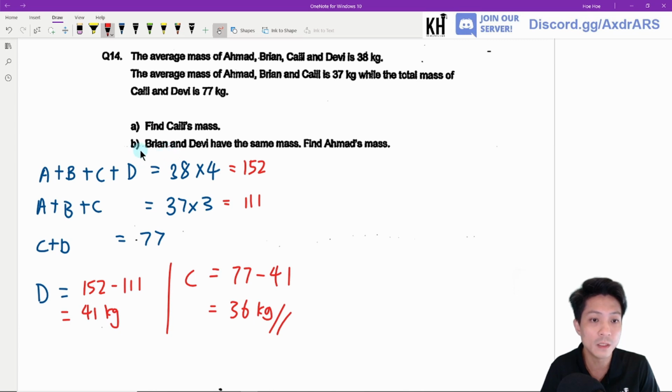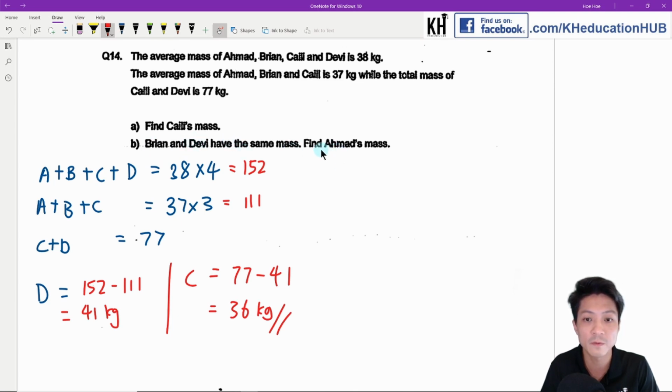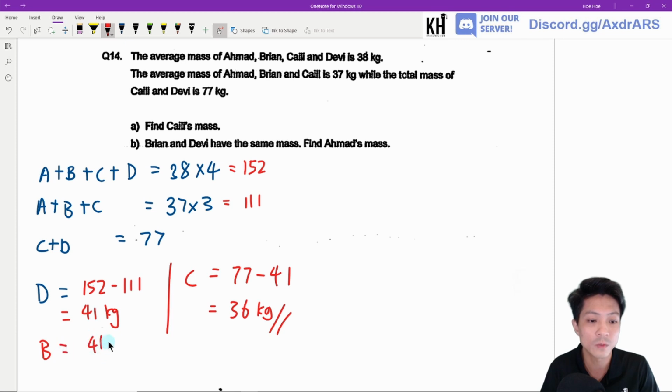Part B, Brian and Devi have the same mass, so find Ahmad's mass. This means that if Devi is 41 kg, Brian is also equal to 41 kg.